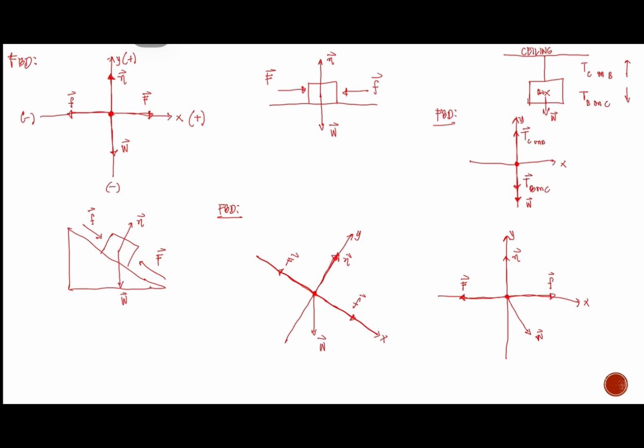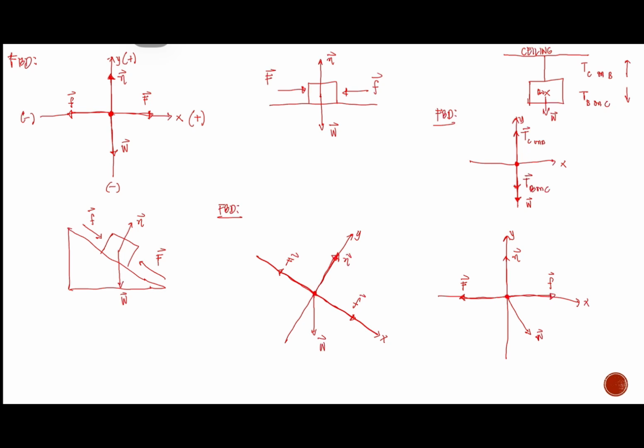Then you determine the forces acting on the object and sketch them here. If the direction of the force is upward, you draw an arrow from the center in the direction of the force, or the direction of motion. So that is how you would draw a free body diagram.